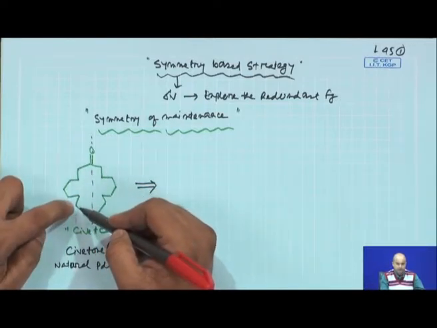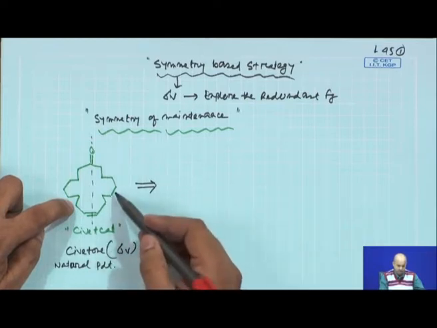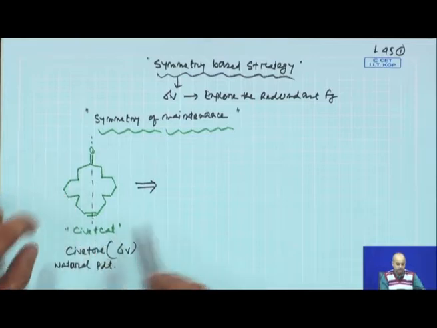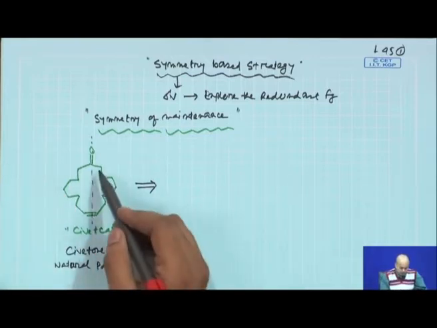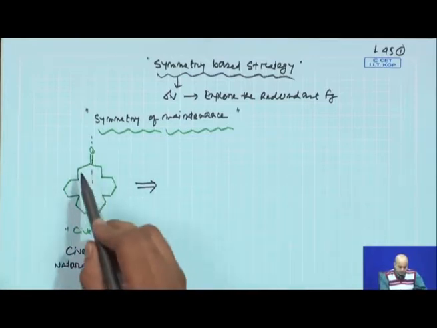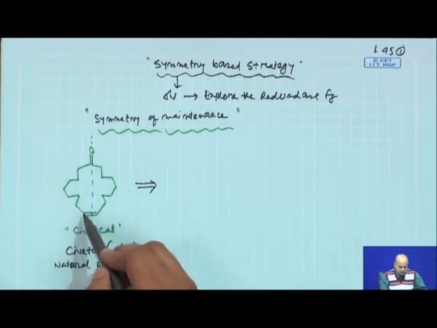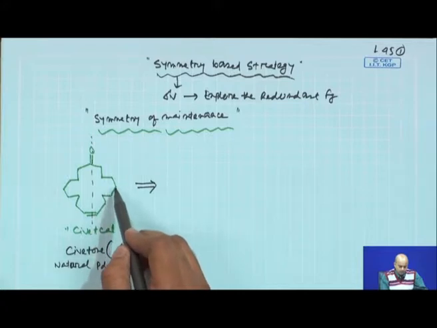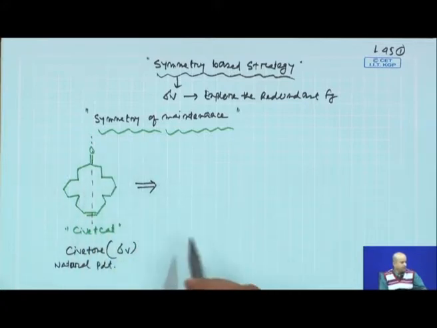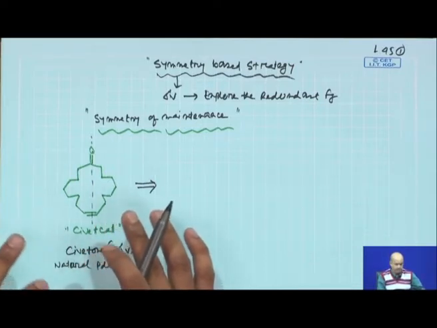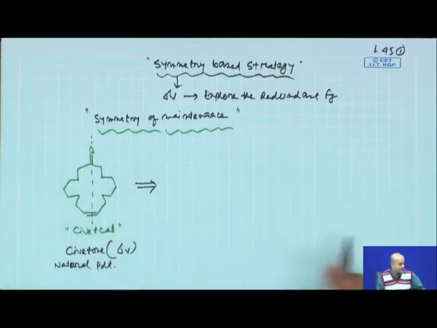So, 7 methylenes on the left hand side, 7 methylenes on the right hand side, and in between you have a Z olefinic unit. Altogether the ring size is 1, 2, 3, up to 18. This is basically a large ring, an 18 membered ketone.